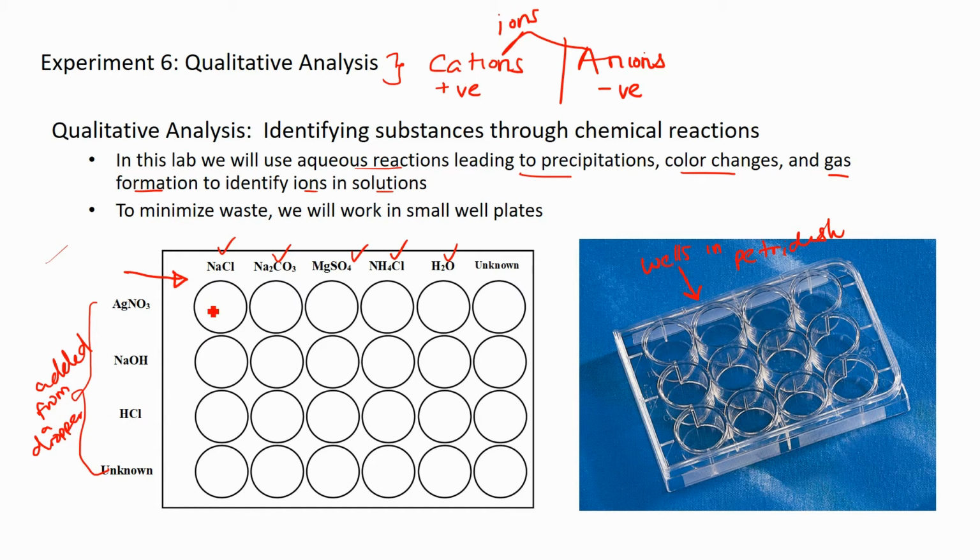So you can imagine already having sodium chloride solution, and then you add a drop of silver nitrate in there and observe, or you add a drop of sodium hydroxide, or add a drop of HCl for each run. Okay.